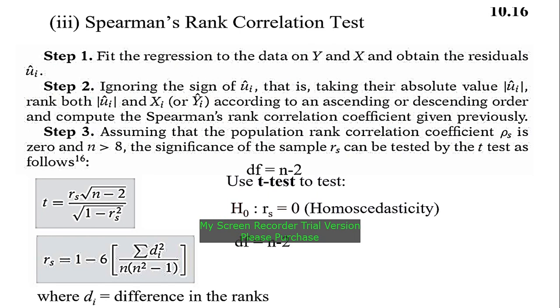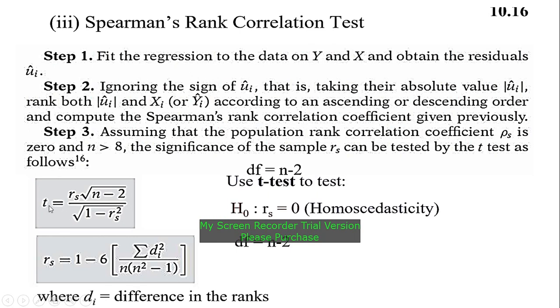So let's consider the t-test here. For Spearman's rank correlation, we are not comparing means, so the t-test we use here will not be the same as the normal t-test that we know. This is the t-test for the Spearman rank correlation.